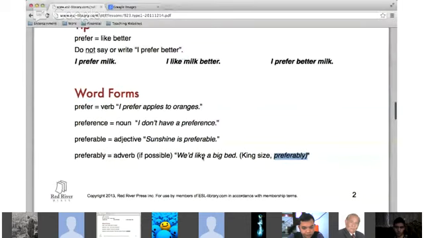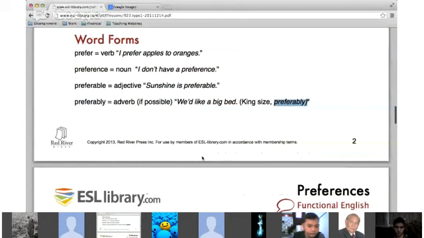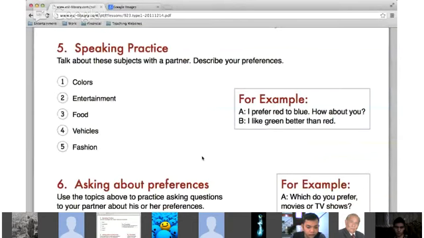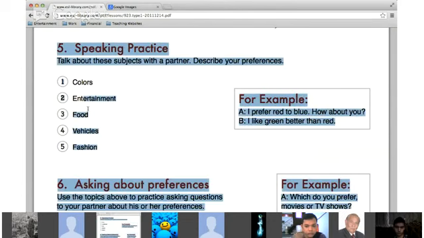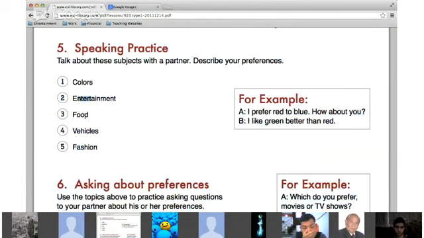Let's continue down. All right, so here we are going to be talking about things that we prefer. These are some suggestions: colors, entertainment, food, vehicles, and fashion. Those are some topics.